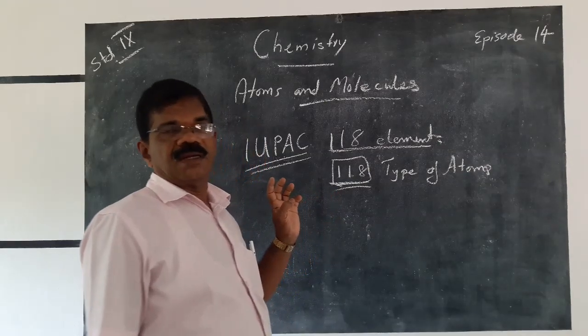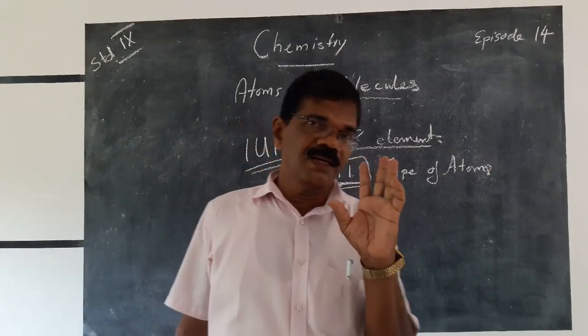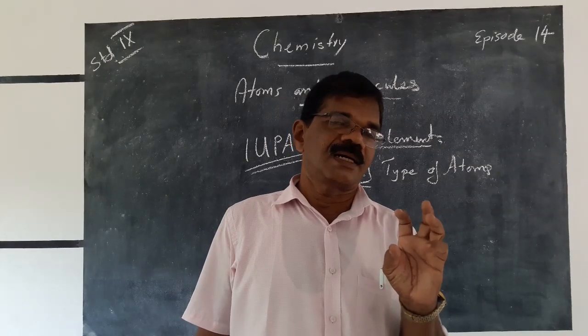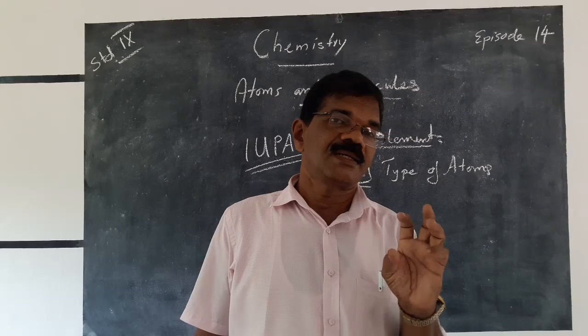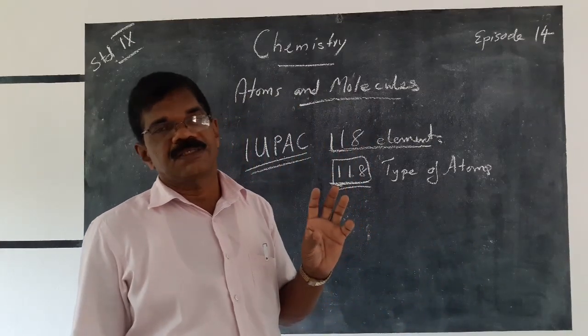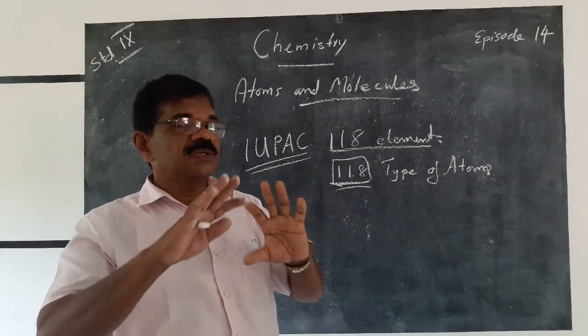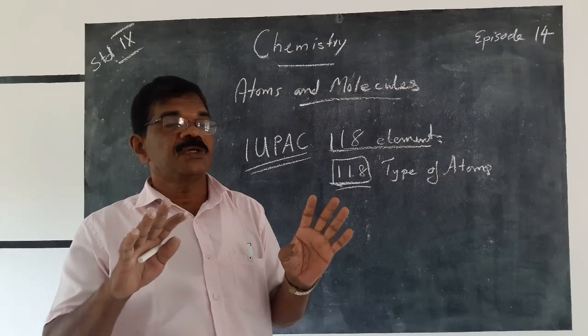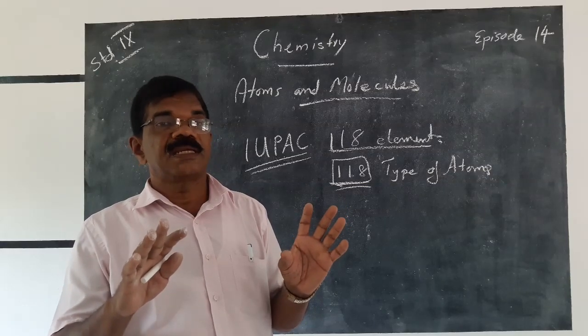Can I give an example? How many letters are in the English alphabet? You know, it is 26. Using these 26 letters, there are innumerable English words.